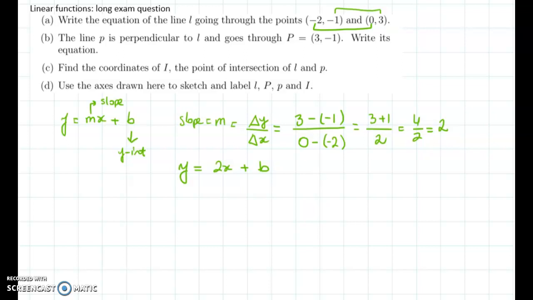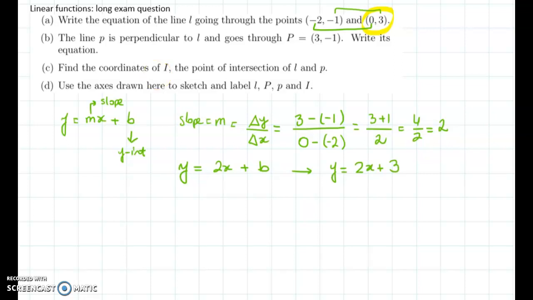B is the y-intercept, and actually we were so lucky that over here we were given the y-intercept to begin with, because we were given that the point 0, 3 is a point of the line, so when x is equal to 0, y is equal to 3. So that means that the equation is y equals 2x plus 3.